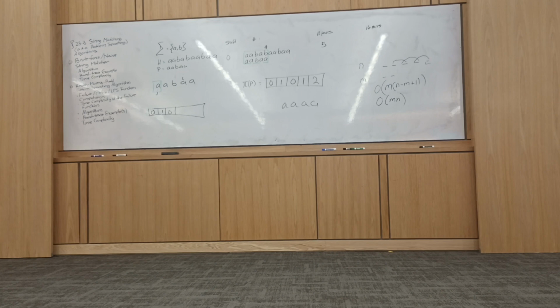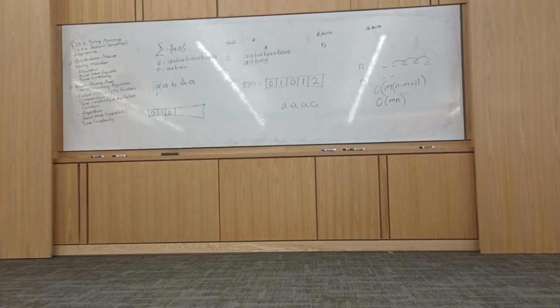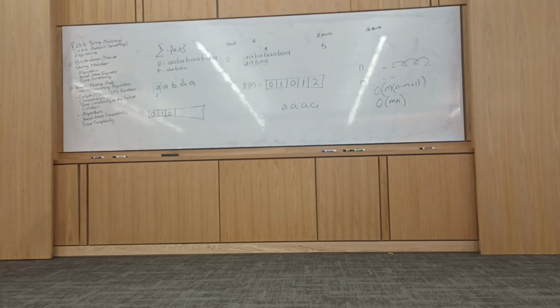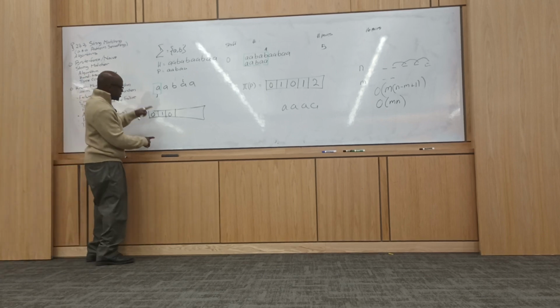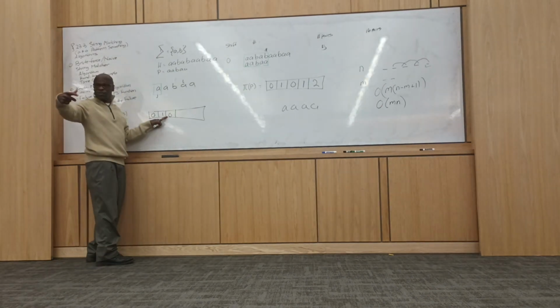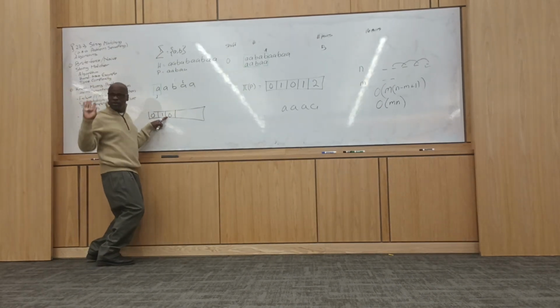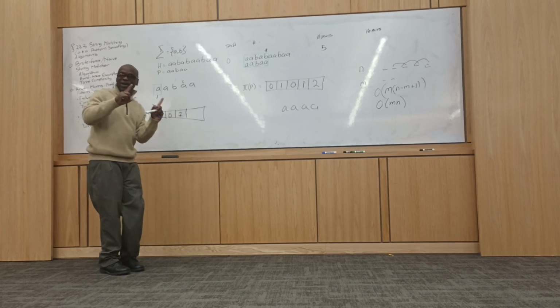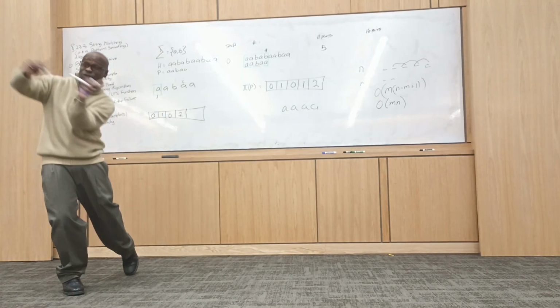Now, we've advanced i. Do I have a match? Yes. The ith and jth characters match. That means this value, which was the longest we had before we attempted to make that match, can be increased by 1. So this becomes 1. Anytime you have a match, you try to advance i and j to see whether you can increase the length.